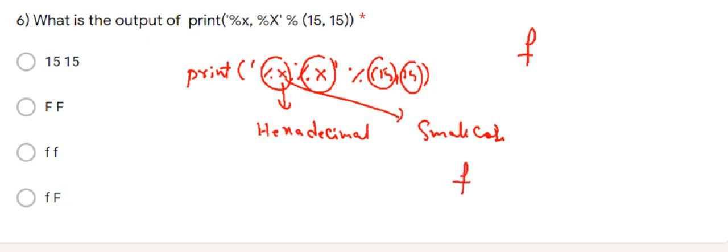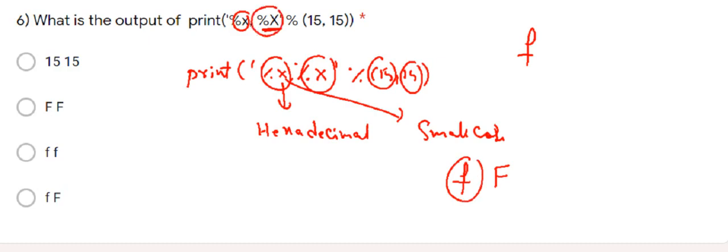This other x is mentioned in capital X. That means this is hexadecimal only, and you have to print the hexadecimal equivalent in capital letter. What is the hexadecimal equivalent of 15? F. So you have to print capital F. Okay. So this small x indicates you have to print the hexadecimal equivalent of 15 in small case letter.